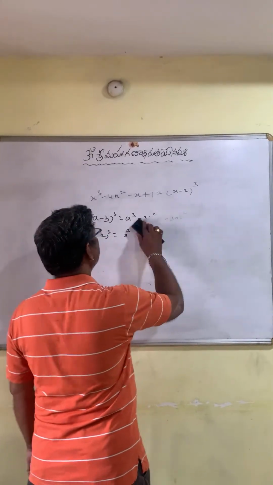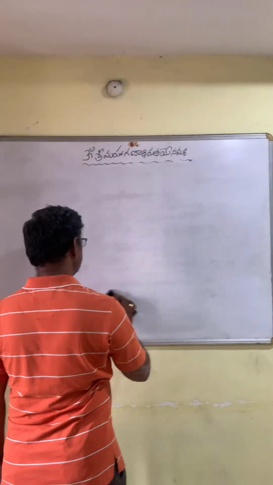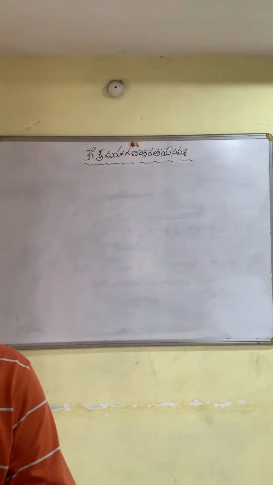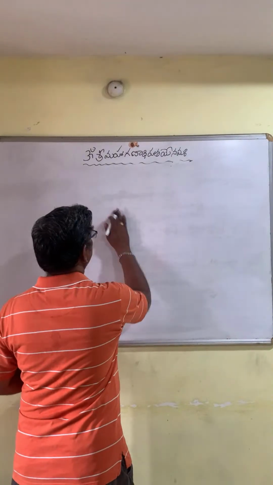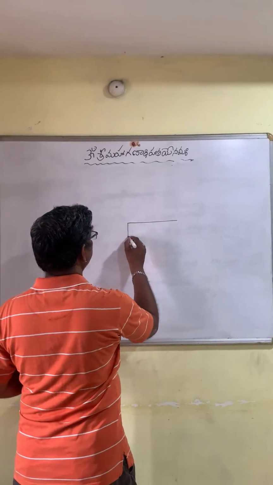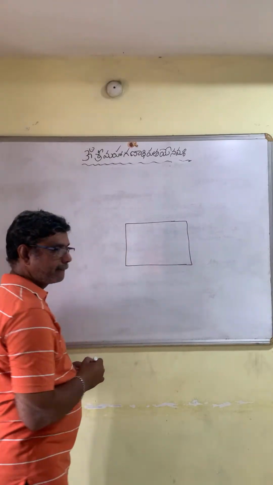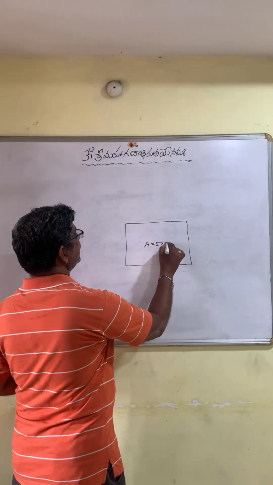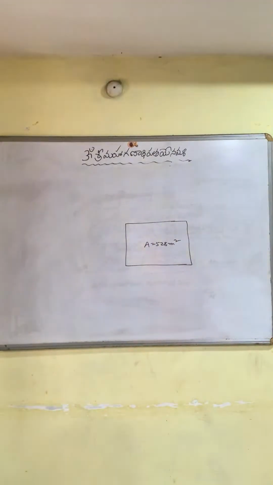Now, I will tell you a situational problem. There is a rectangular pool whose area is 528 meters square.